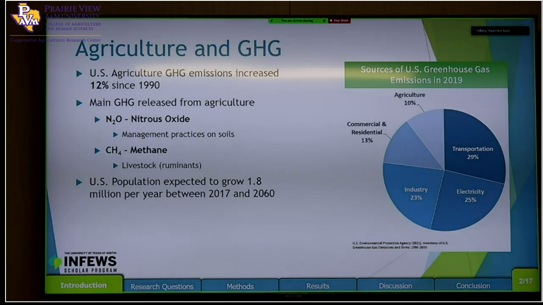And so, because the U.S. population is expected to grow 1.8 million per year between 2017 and 2060, and because we know agriculture is not going to be going away anytime soon, it's important to focus and to try to find best management practices to reduce the greenhouse gas emissions produced by agriculture.